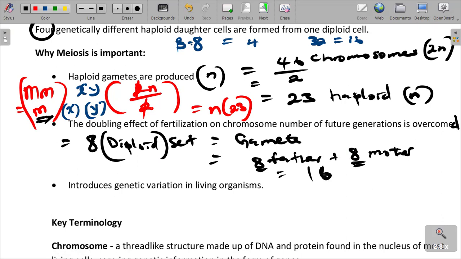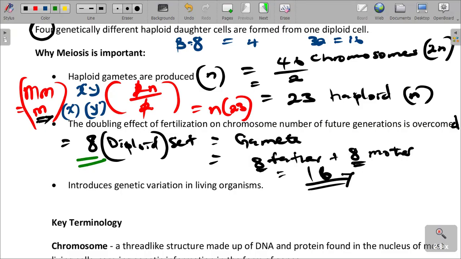But 16 would be an abnormal organism, because a normal living organism, whether a plant or an animal, must have eight chromosomes. So in the process of reproduction, there mustn't be a case of doubling effect in terms of fertilization.